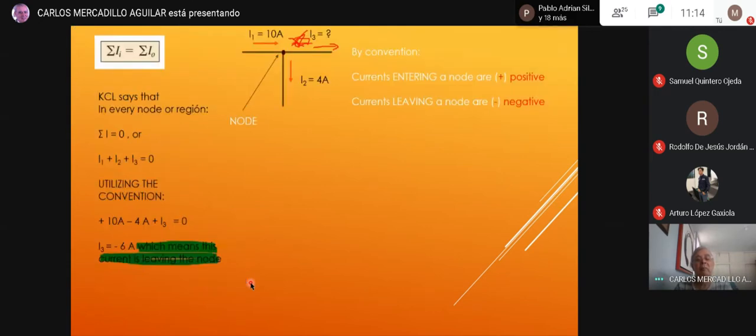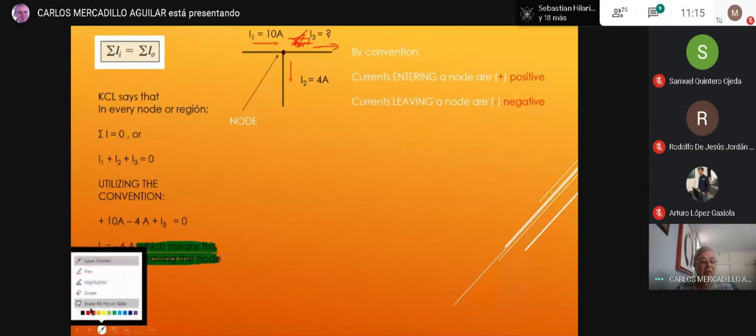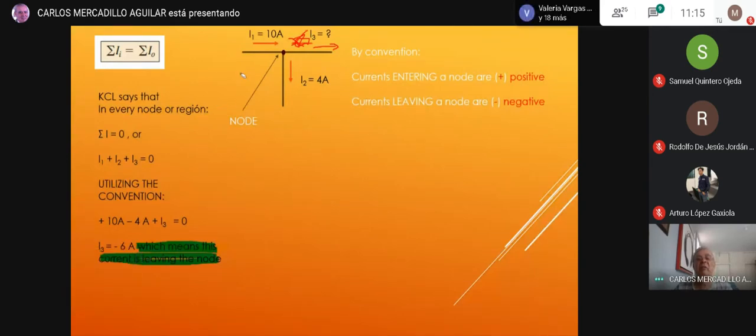Now, let's analyze this circuit. In the beginning of the analysis, I had drawn this. Let me erase. We have here a question mark, an interrogation. That is, we don't know I3.